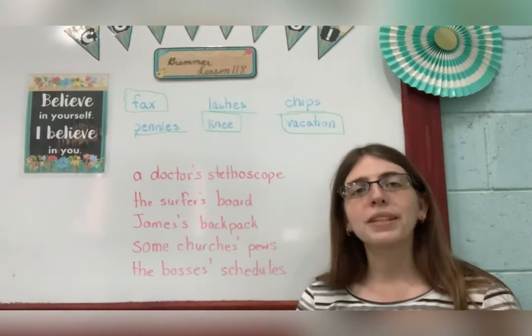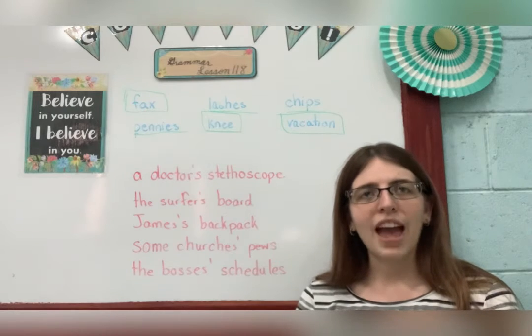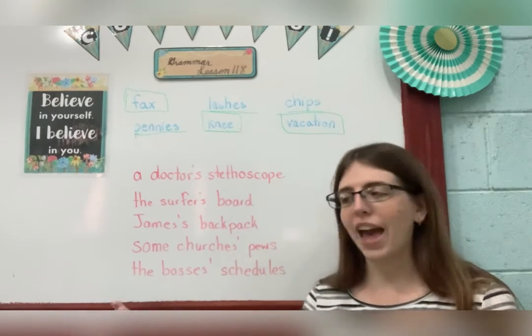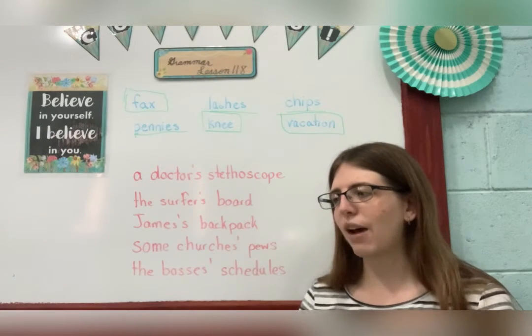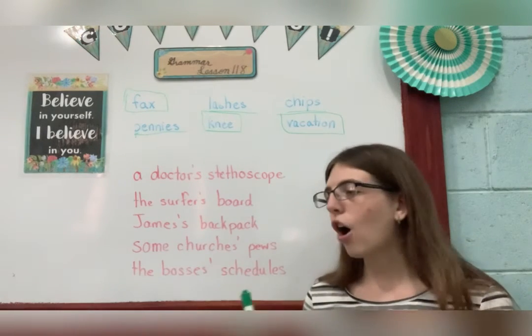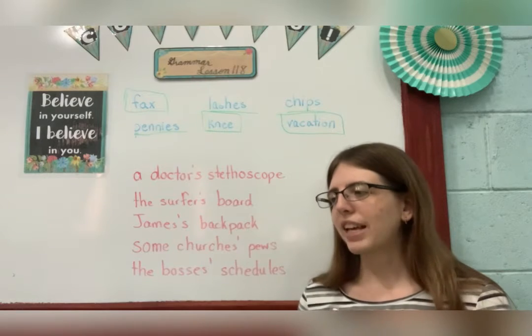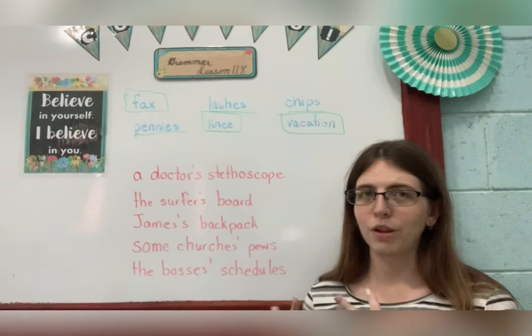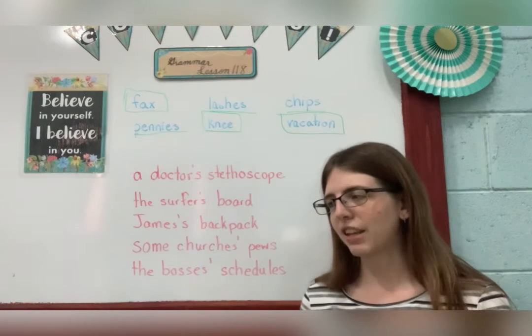Okay, let's talk about possessive nouns. A possessive noun is when a noun has ownership. Something belongs to that noun. Okay, so a possessive noun tells who or what owns something. Possessive nouns can be either singular or plural. So even if your noun is plural, it can be possessive.